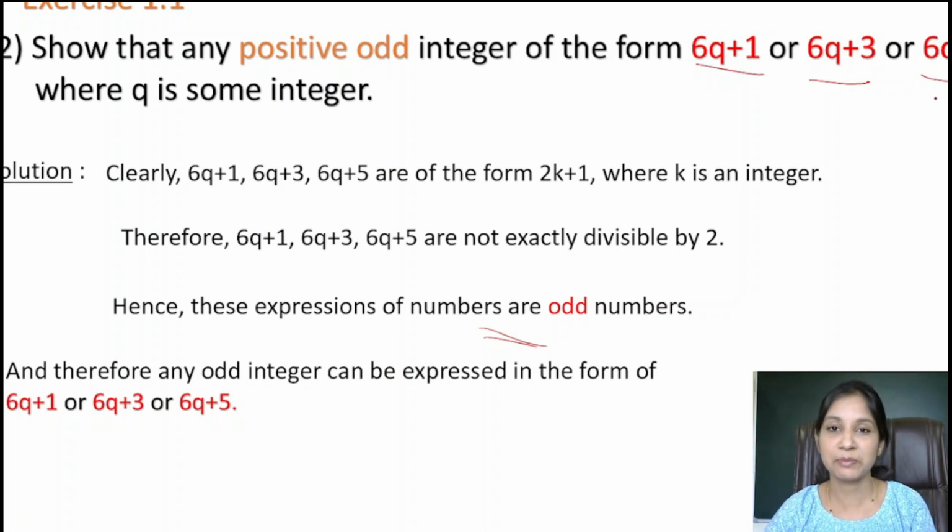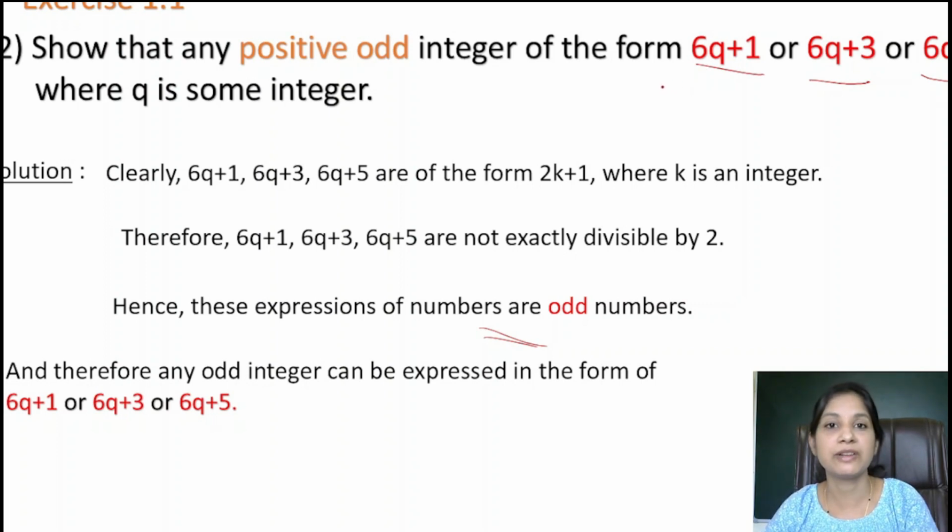So in this example, how did they solve it? Just take Euclid's division algorithm and substitute the values of the remainder r by observing the divisor in the given question. What is the divisor? In this question it is 6. So put the values 0 to 5, and you will get different expressions.